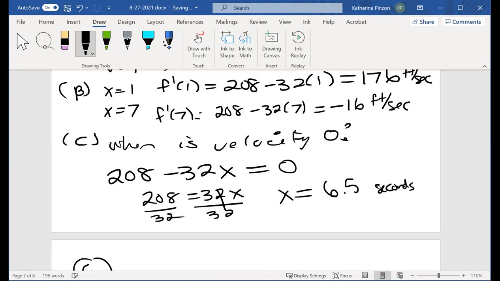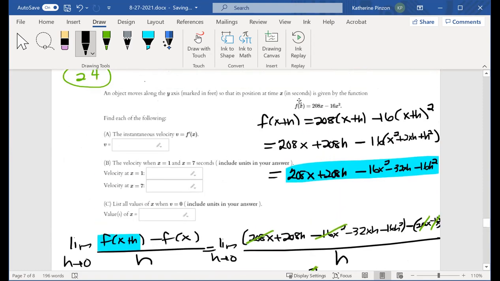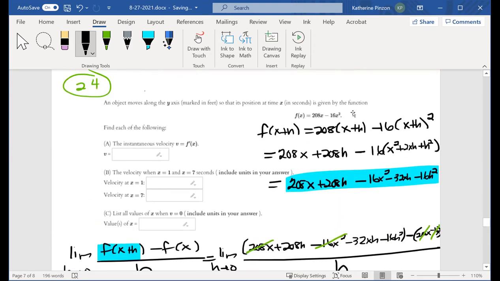So after 6.5 seconds, the velocity is 0. This dude's not moving anymore. If I had graphed this function that I started with, 208x minus 16x squared, that maximum would be at 6.5 seconds. He goes up, up, up, his velocity is positive. He stops at the top, he starts to fall down, okay?